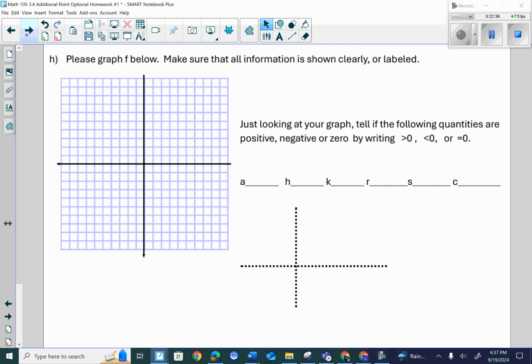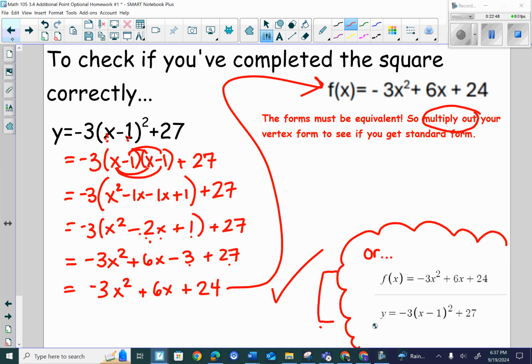All right, so then if we graph f, let's see if I can remember, I'm going to have to go back, we had 1, 27 here would be my vertex.